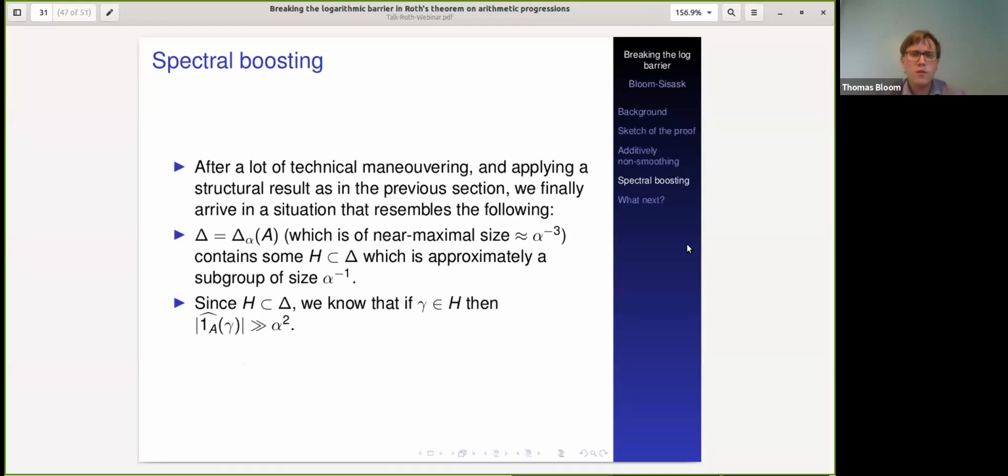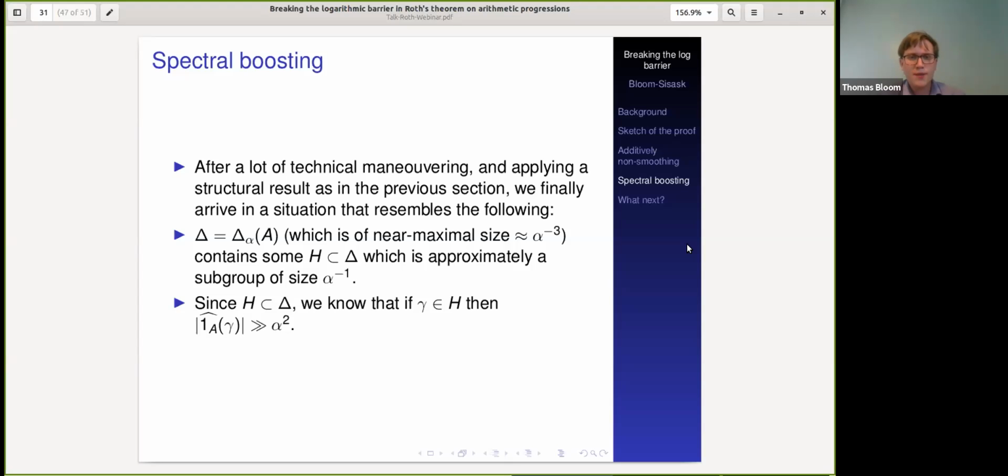I have some delta, which is the alpha level spectrum of A, which is of near maximal size, roughly alpha to the -3. Again, remember that's the biggest that delta alpha can be. And I know that it contains some H, which is very structured. So you can think of it, for example, as being approximately a subgroup of size alpha to the -1.